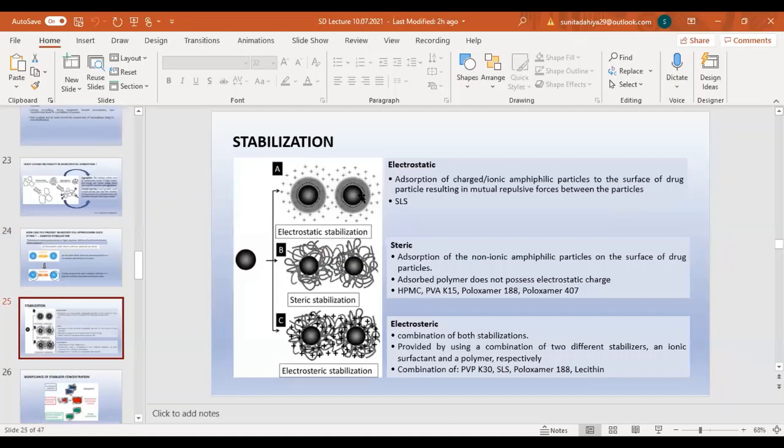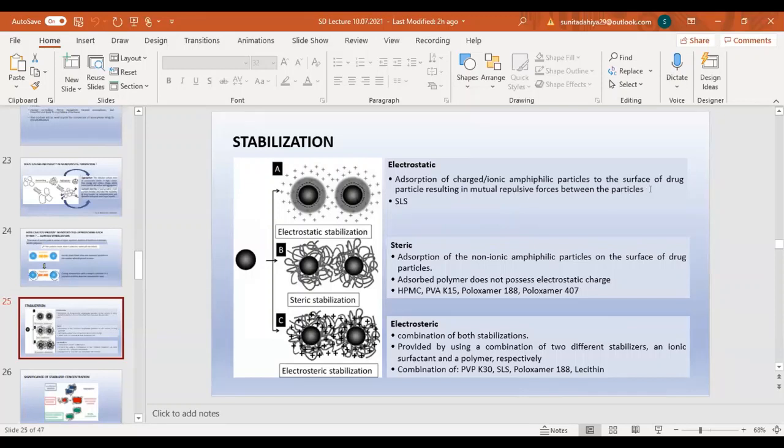Now see the stabilization based on whether you are using a surfactant, that is an ionic surfactant, or you are using a polymer, or you are using a combination. So basically there are three types of stabilization. Electrostatic is when the surfactant or the charged ionic amphiphile will be adsorbed onto the particle surface of the drug, and they will impart mutual repulsive forces between particles.